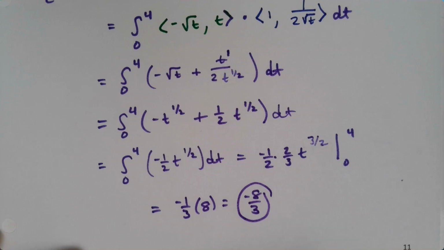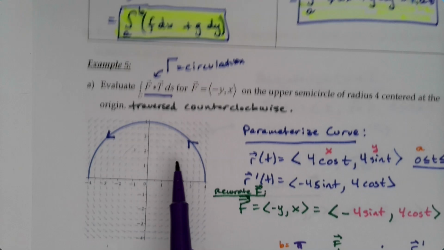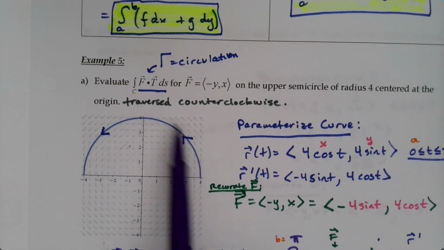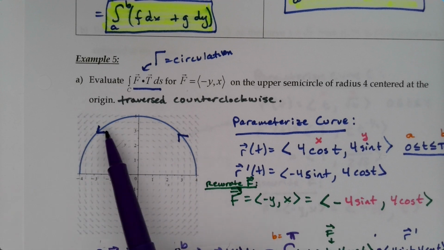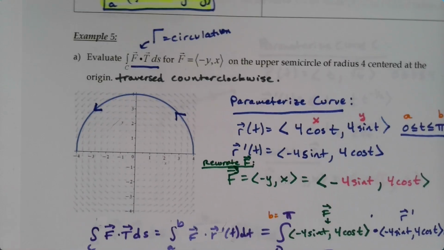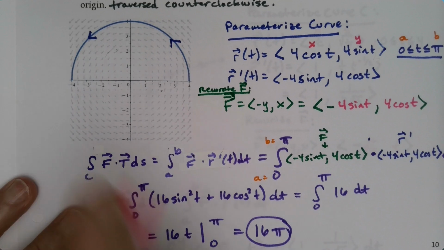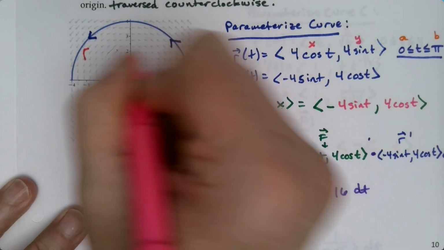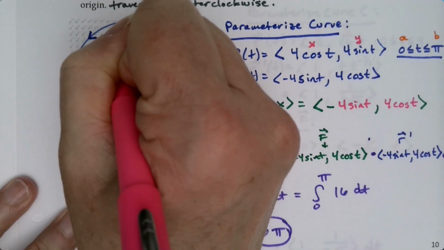Now, what in the world is going on? Why was this one negative and the other one positive? That's why I have the picture. When you look at the picture for the previous one, the vector field is pointing in the direction of the curve. You see how the little arrows are pointing in the direction of the curve? So our circulation is a really big number. It's 16 pi because the field is pushing along the curve.